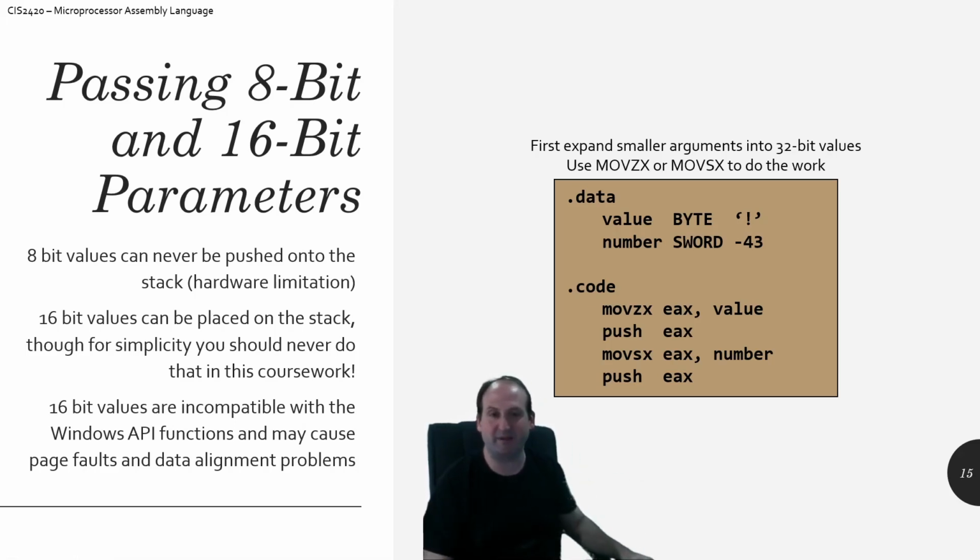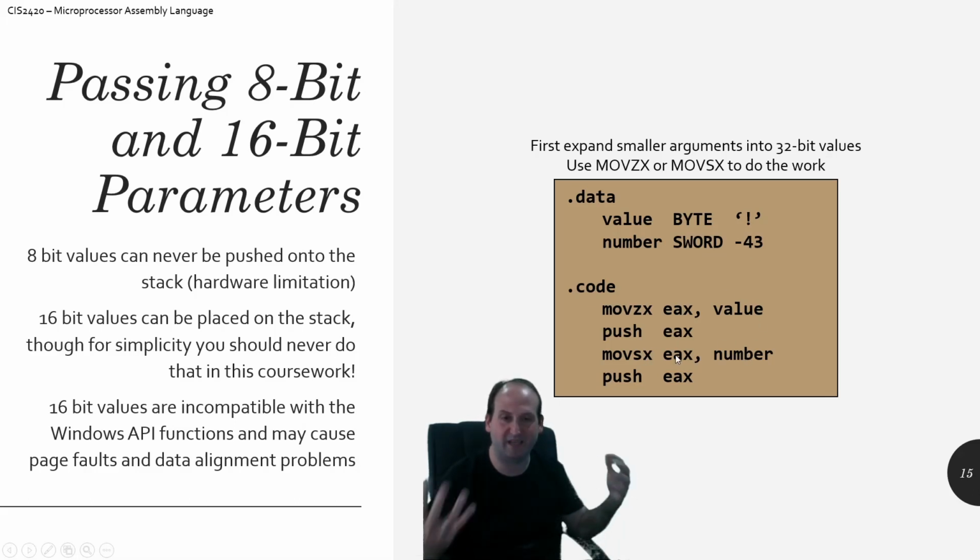So you just have to play by its rules. And the same thing goes for move sign extension. This is a signed data type. So number is -43, use move sign extension so that I can extend -43 out into the larger space, and then push the EAX register onto the stack. So that's how you would do things like that if you needed to.